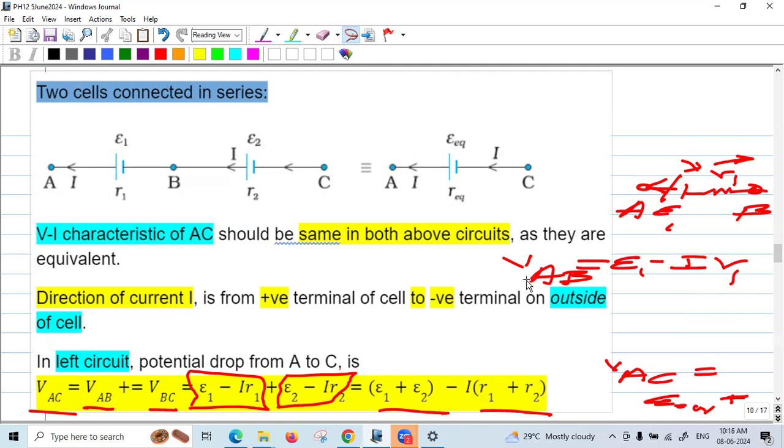These two circuits are equal in the sense that the potential-current characteristics across the terminals A and C should be the same. That's what I want.